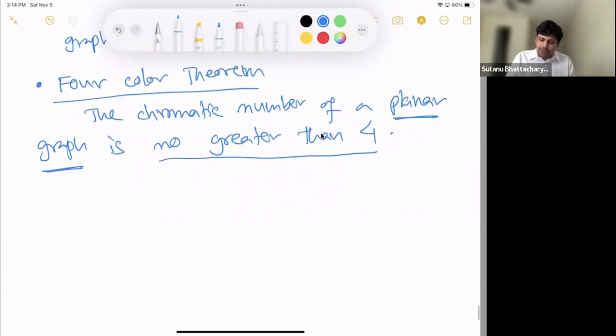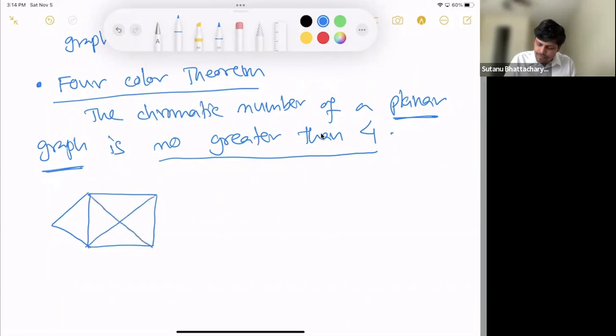So let's take one example. This is one graph, and it's a planar graph because no edge crosses any other edge. Now, how many colors does it need?